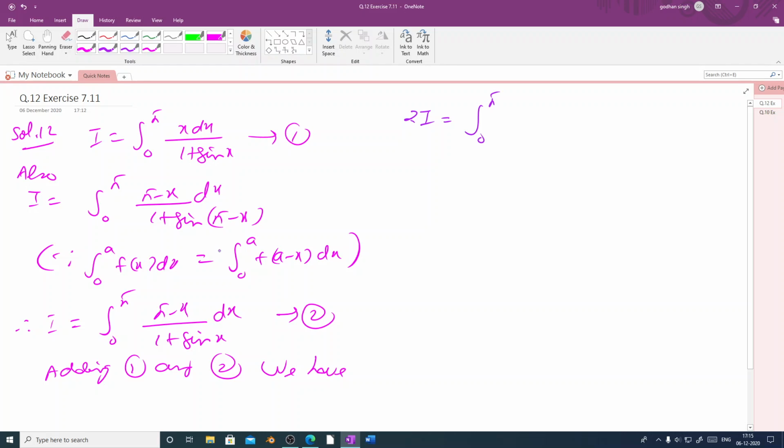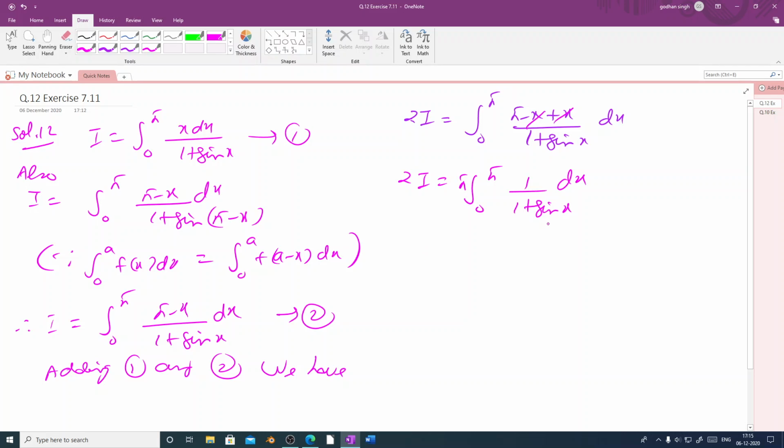The limit is the same, we can add the functions inside, and the denominator is also the same. So this can be written as (pi minus x plus x) over 1 plus sin x dx. So minus x plus x cancel each other. We get 2I equals the integral from 0 to pi, and this pi you can take out. So inside we get 1 over 1 plus sin x, and dx is here.